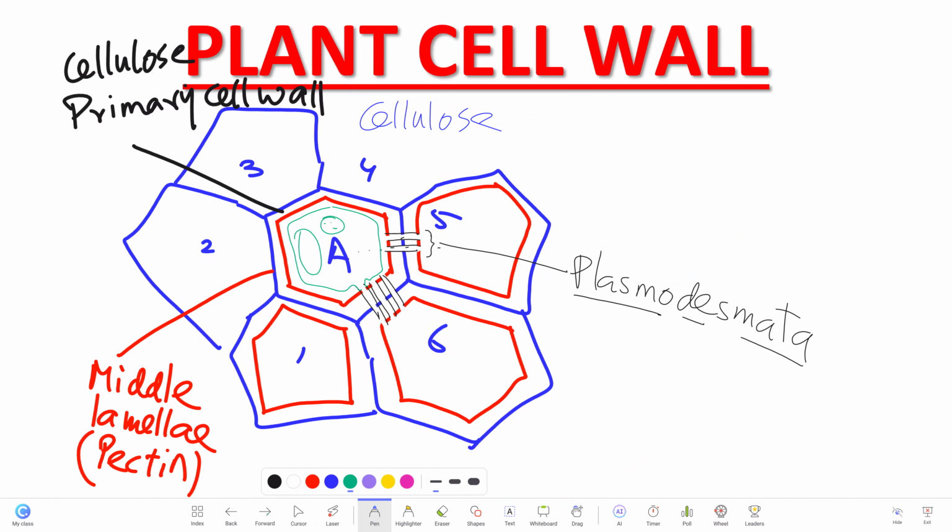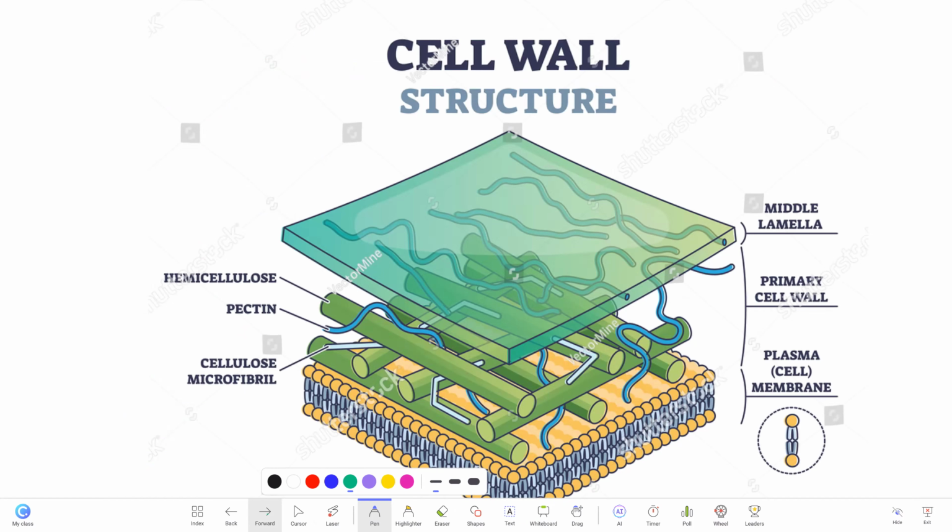Can you see this? That's a cell membrane. This is a primary cell wall, middle lamella. Make sense? Those are cellulose fibers. There are cellulose fibers, hemicellulose, many things, but basically it's made up of cellulose, right?